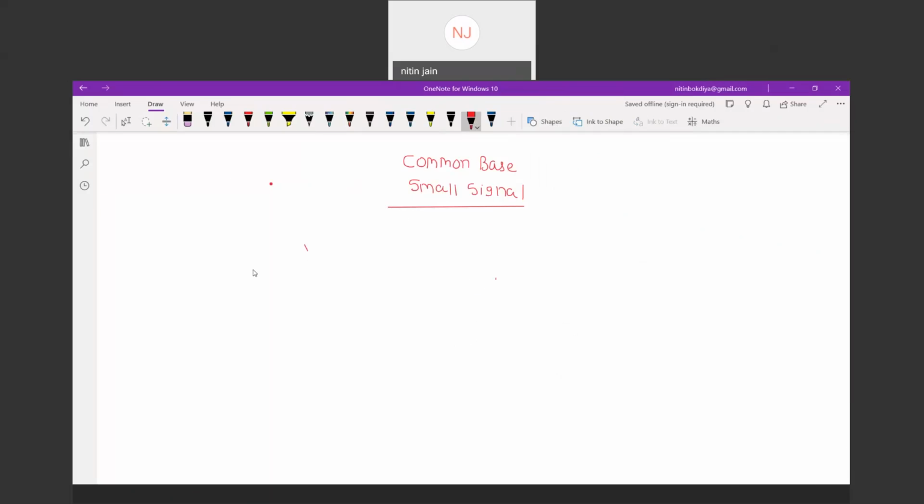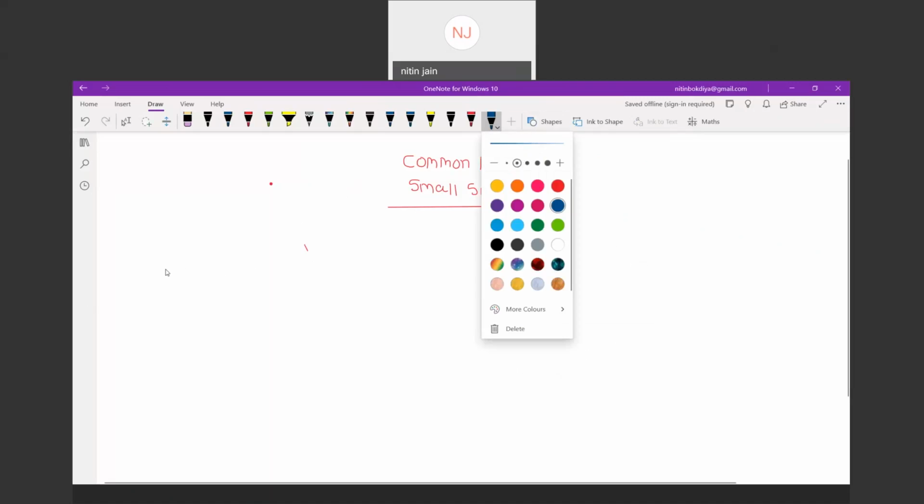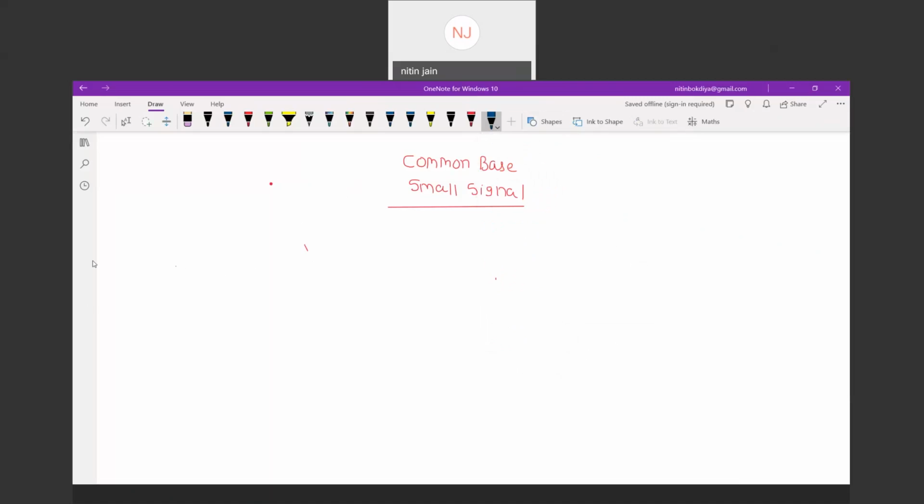So what I can say in common base circuit, let's draw the common base circuit. Common base, so base is connected to ground. So I am taking this as connected to AC ground. Supply is connected to which terminal? You can say supply is connected to emitter terminal.